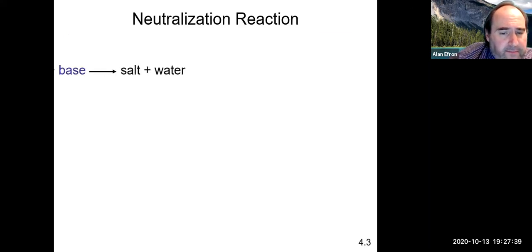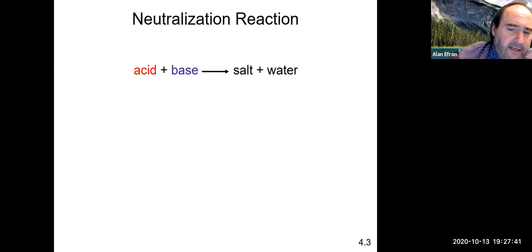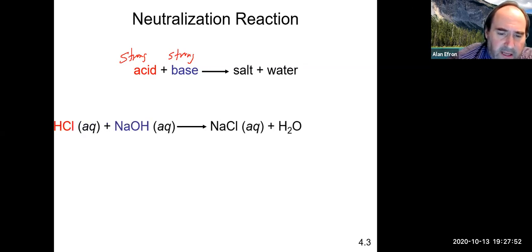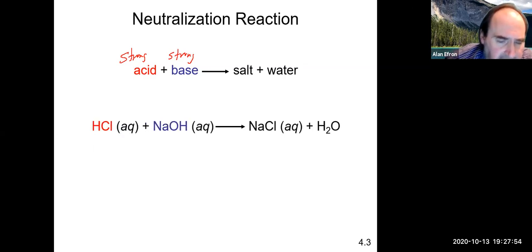So when we put a strong acid and a strong base together, it is sometimes again referred to as a neutralization reaction. That's because of the main reaction happening here, if we look at something like hydrochloric acid, which is a strong acid, and sodium hydroxide, which is a strong base. Even though it's an acid-base reaction, this is really a positive negative, positive negative situation.